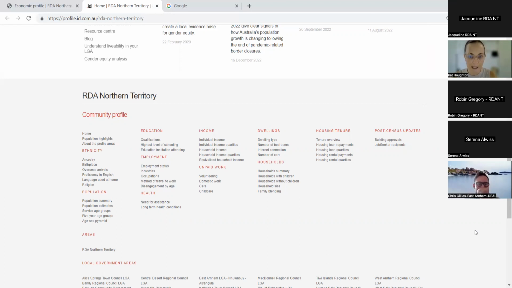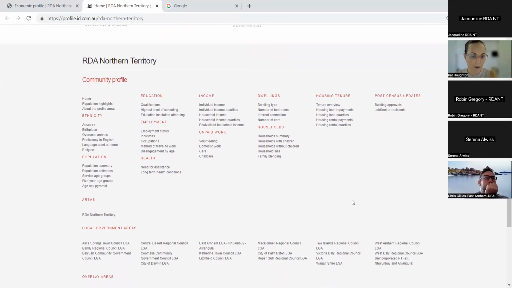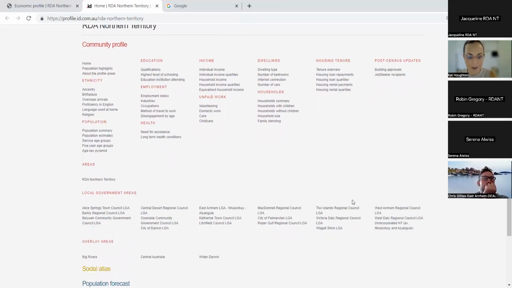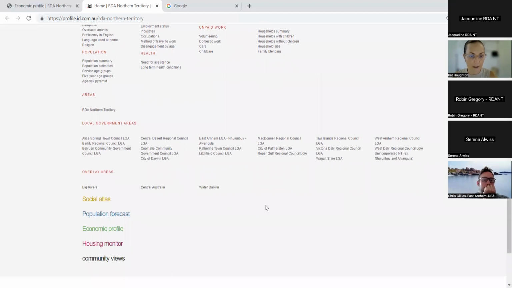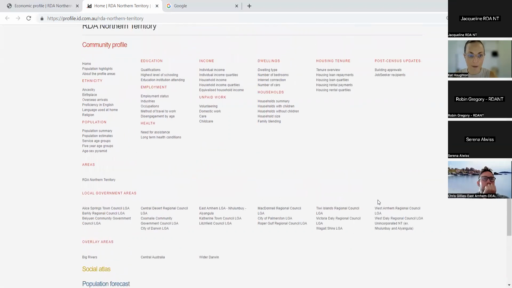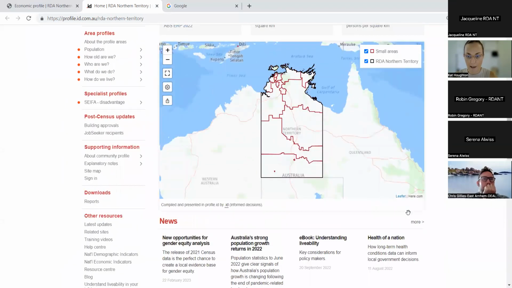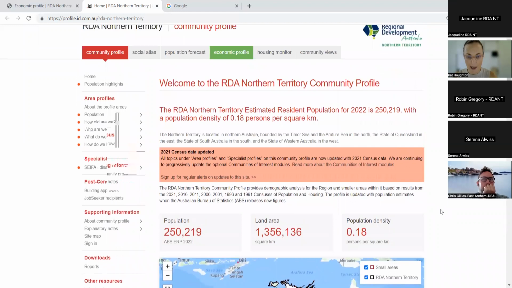So if you come down here, you can find those topics really easily, and find your local government areas and the overlay areas. It's really handy to go straight to that.